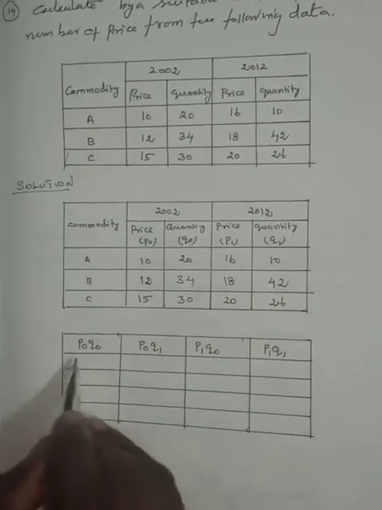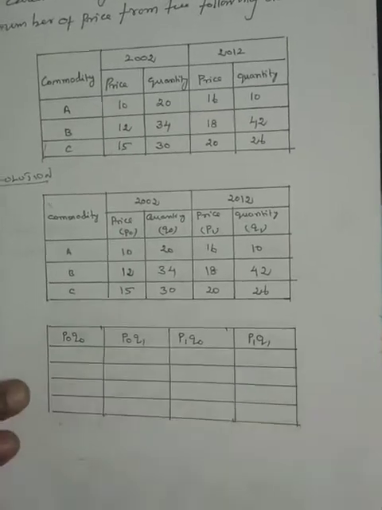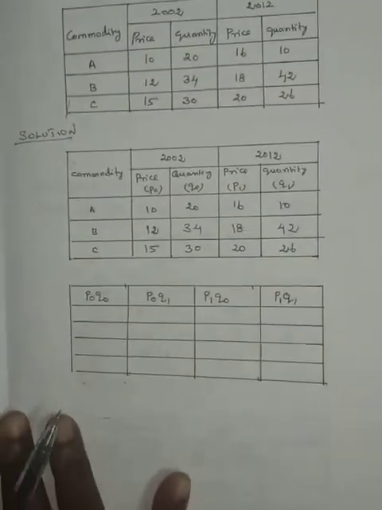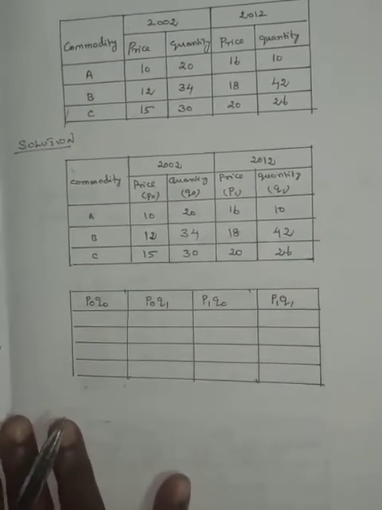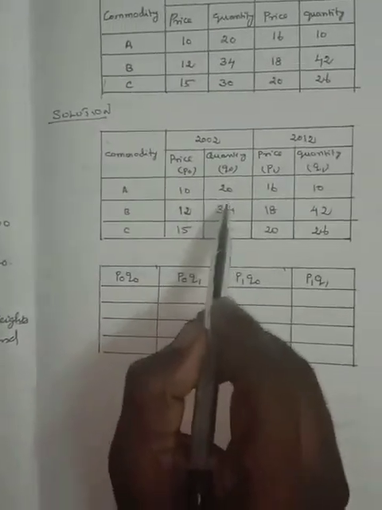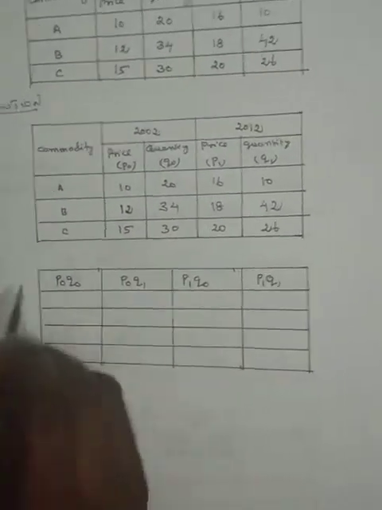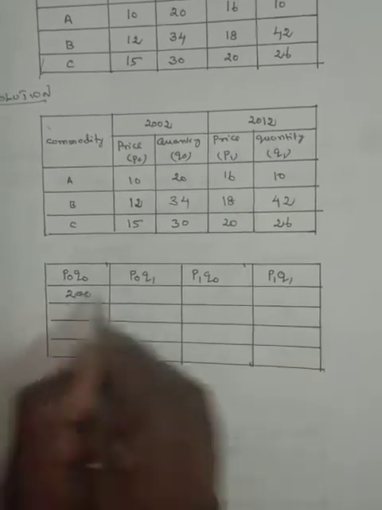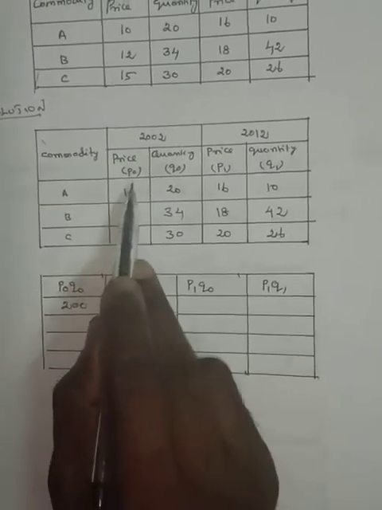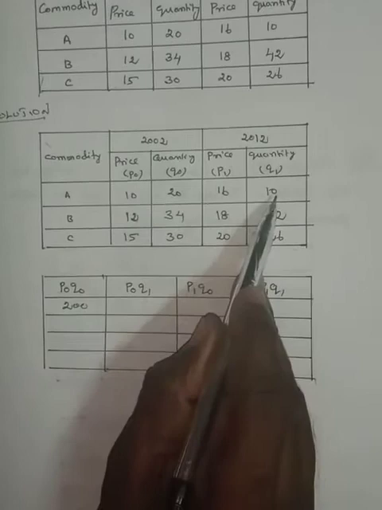First, find P0 Q0. The product gives 200. P0 Q1 is 100.